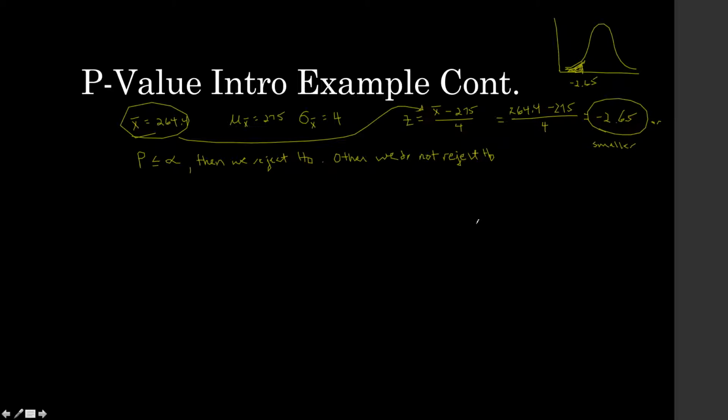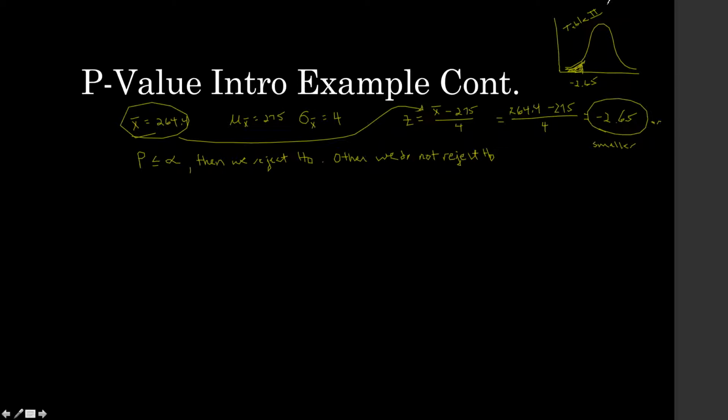Now, negative 2.65 is a z-score. How can we find the area under the standard normal curve to the left of any z-score? Well, we go back to table 2 again, your wonderful favorite table in the back in your appendix. We're finding the value to the left, so it reads straight out of table 2.